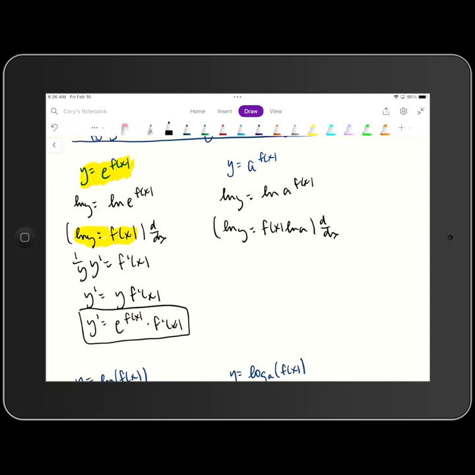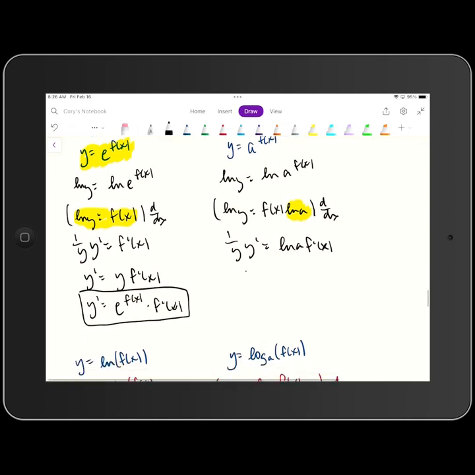Okay, so when we do this, again, the derivative of the left-hand side is 1 over y times y prime. This factor here, the natural log of a, is a number. It's a coefficient, so we can pull it out front of the function. So that's going to be the natural log of a, and then the derivative of f of x is f prime of x.